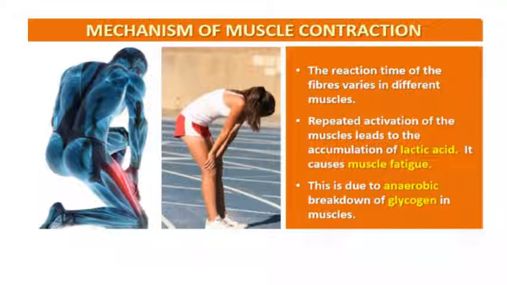The reaction time of the fibers varies in different muscles. Repeated activation of the muscles leads to lactic acid, which causes muscle fatigue. Why is this? When we are exercising too much, there is more muscle contraction, which causes our body to switch to anaerobic respiration because we are running short of oxygen.